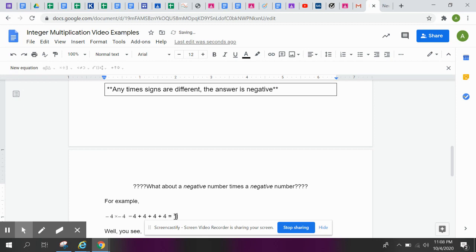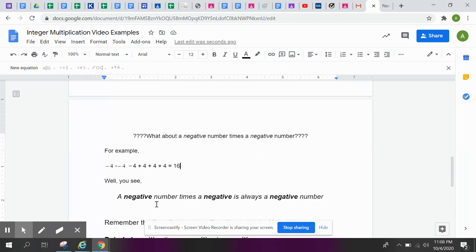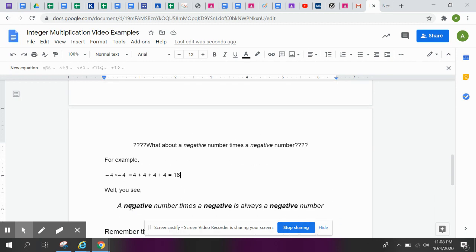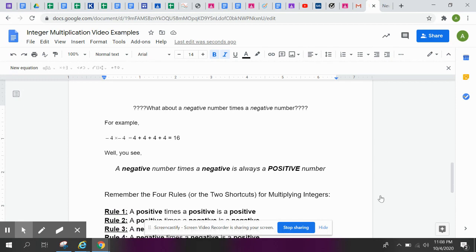My final answer is 16, and since I have a negative number and a negative number, my final answer is positive. So this is an important rule to remember. A negative number times a negative is always a positive number.